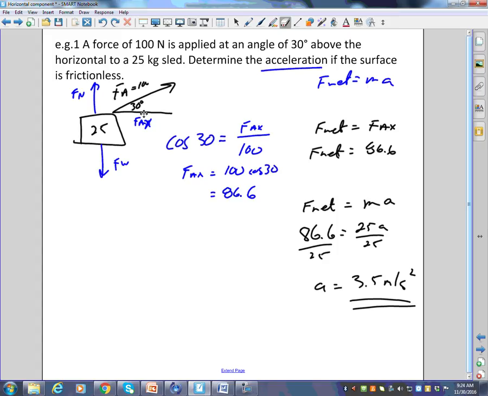When the angle is above the horizontal, the horizontal component is adjacent to that. The only time it might not be is if you're given the angle from the vertical, like 30 degrees from the vertical. Then the horizontal component is opposite, and it's going to be sine. But 99.8% of the time, it's going to be the cos.